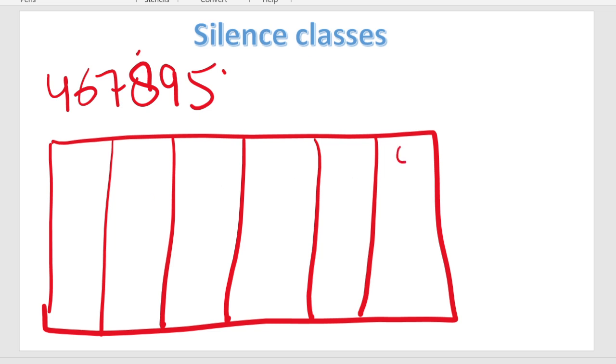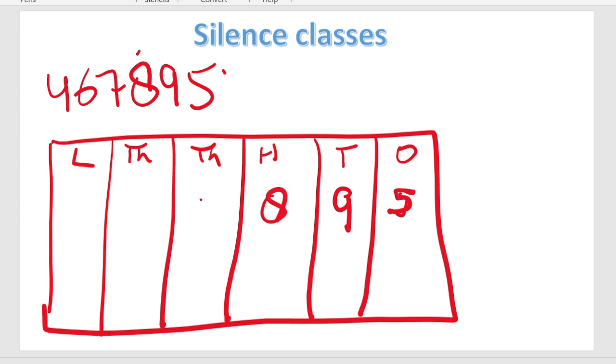Now we have to write: ones, tens, hundreds, thousands, 10,000 and lakh. Now put the values. 5 is in the ones place, 9 is in the tens place, 8 is in the hundreds place, 7 is in the thousands place, 6 is in the 10,000 place, and 4 is in the lakh place.